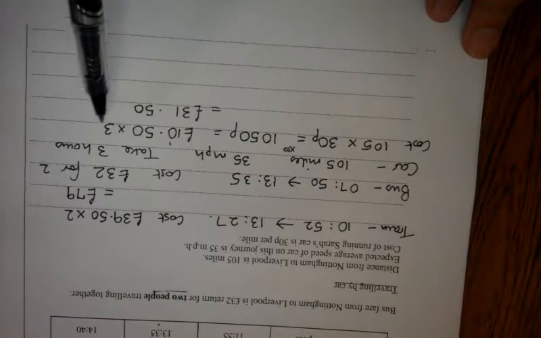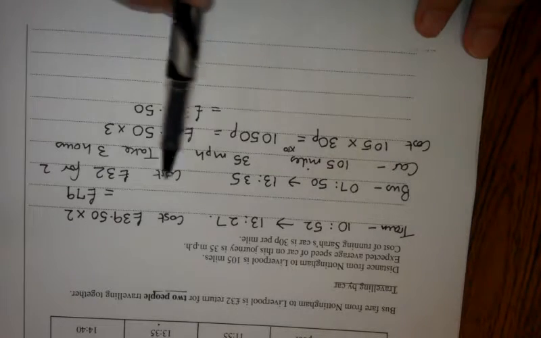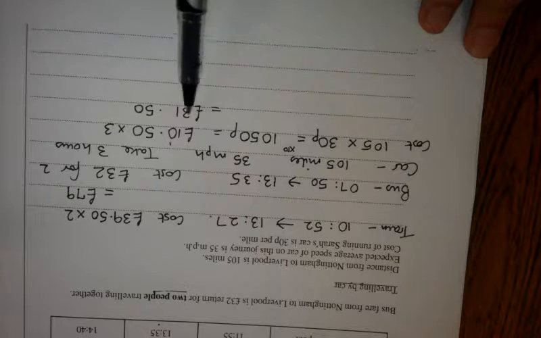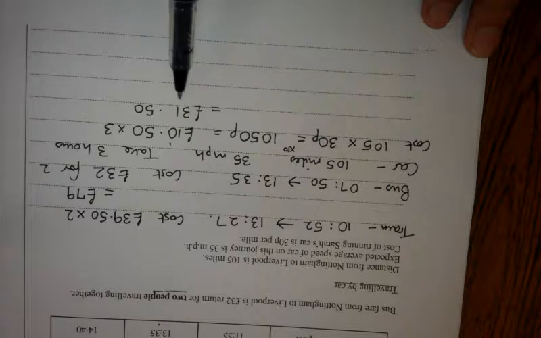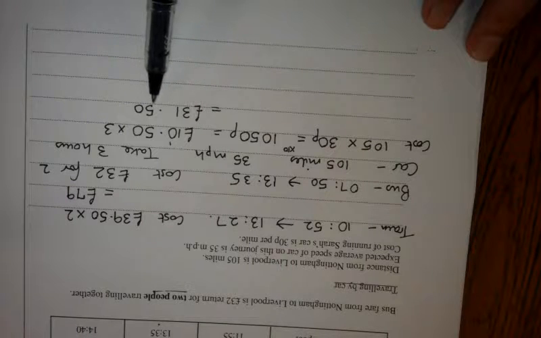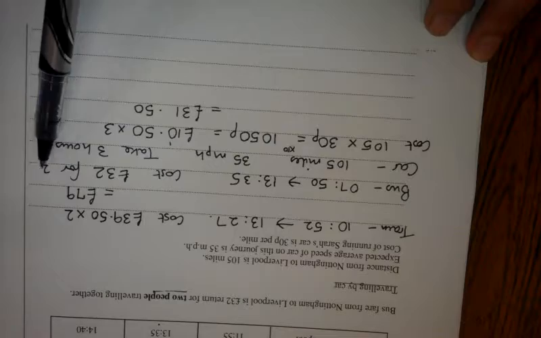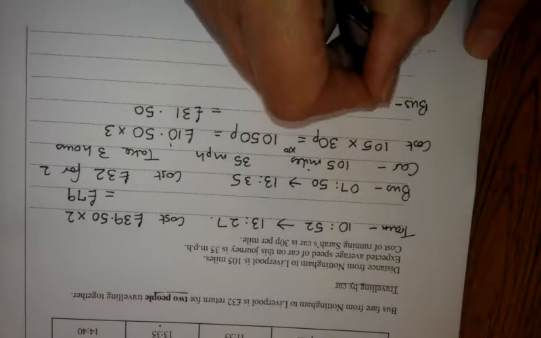I would say that you could argue that the bus is a good deal, because they haven't got to drive. This £31.50 is the petrol, but don't forget you've got the wear and tear of the car, you've got to concentrate, you've got all that effort of driving through. £32 for two is a good deal on the bus. So you could say the bus is the cheapest.